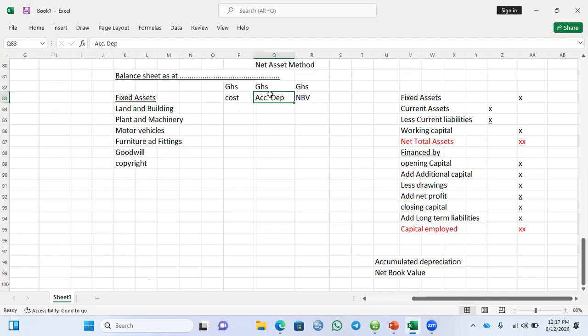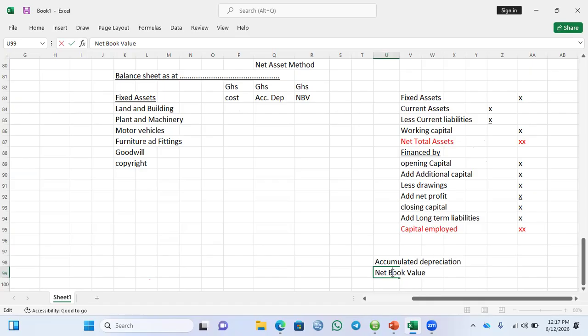You normally subtract this accumulated depreciation from the cost, and the result you get is the net book value.